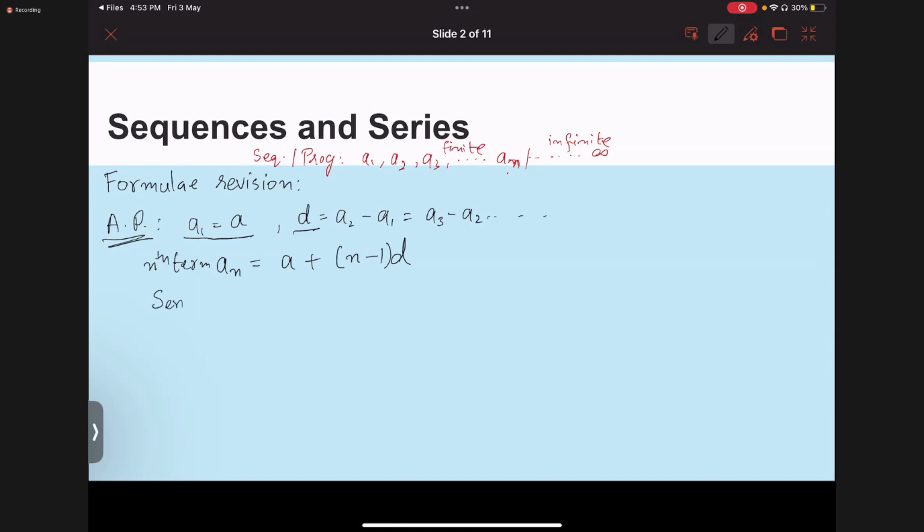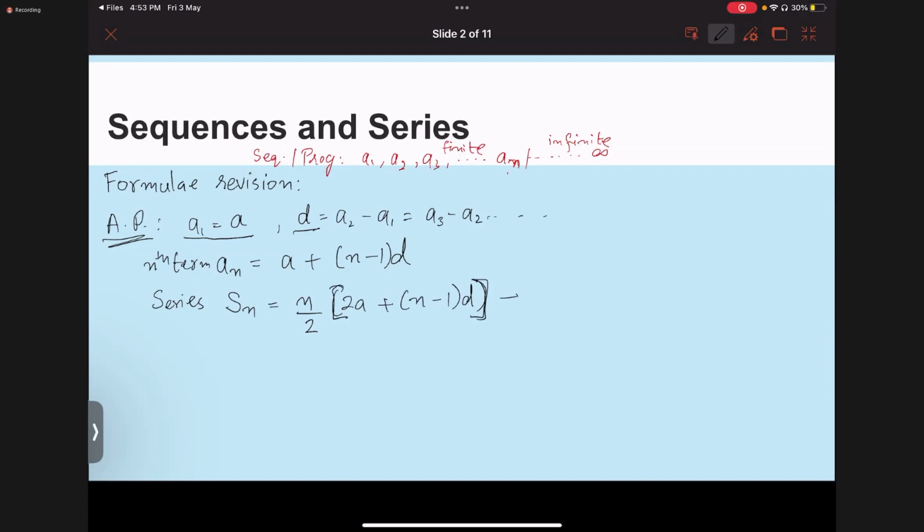Then we will see what the series is. The series for your arithmetic progression can be given as Sn equals n by 2 times (2a plus (n minus 1) d).